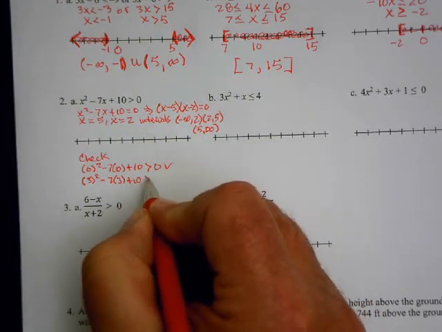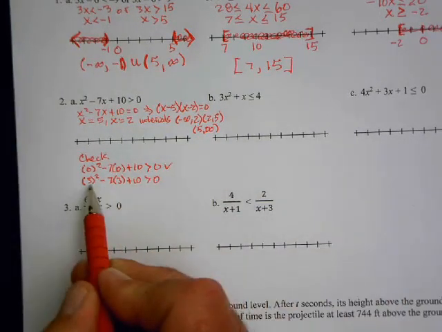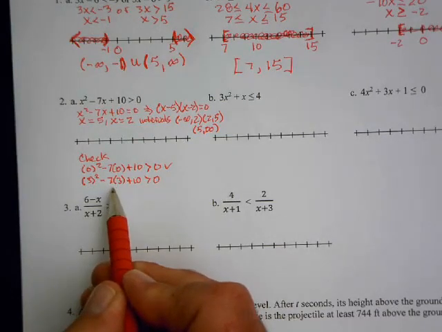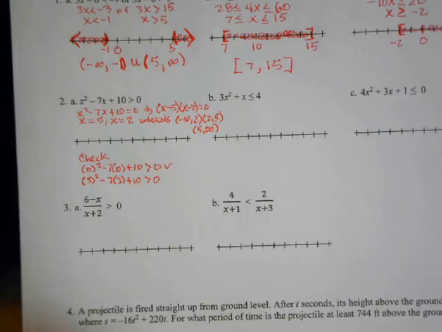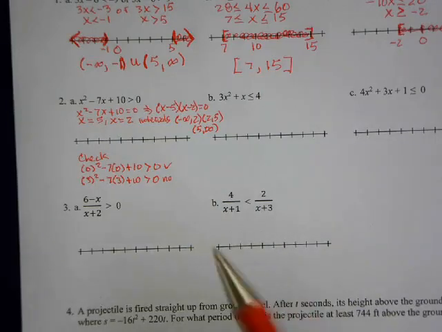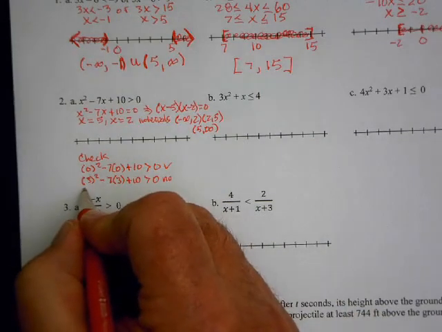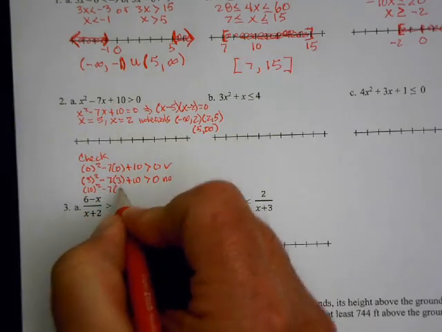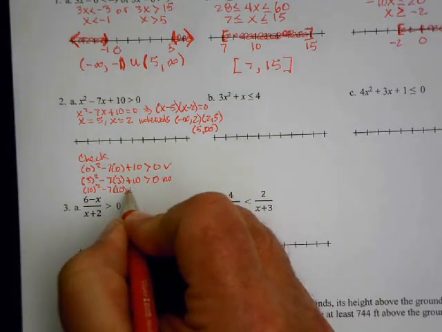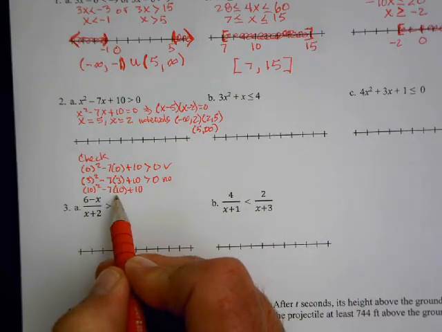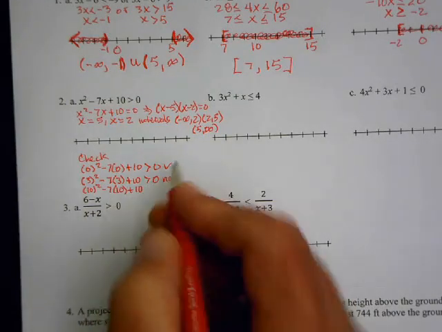Well, this is 9. So 9 subtract 21 is negative 12 plus 10. That's going to be negative, so no. And then something that's above 5, for instance, we could do 10. So 10 squared, subtract 7 times 10, plus 10. So it's basically 100, subtract 70, which is 30. 30 plus 10 is greater than 0, so that one worked too.